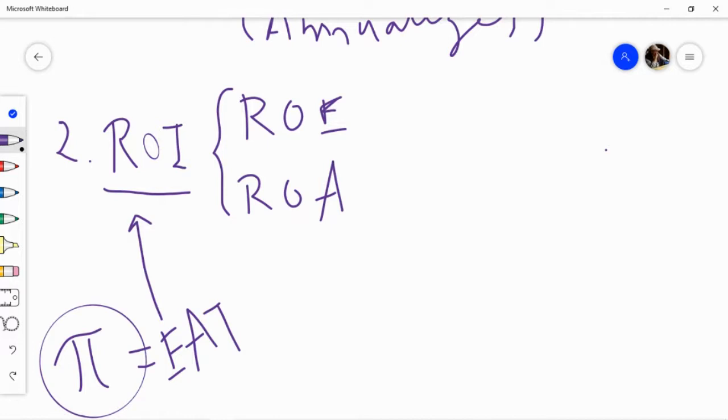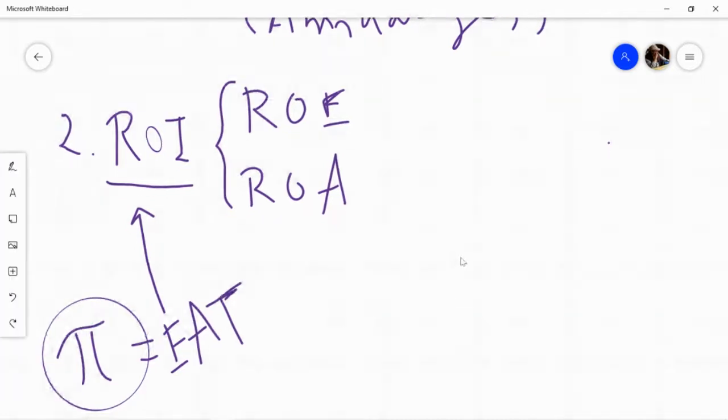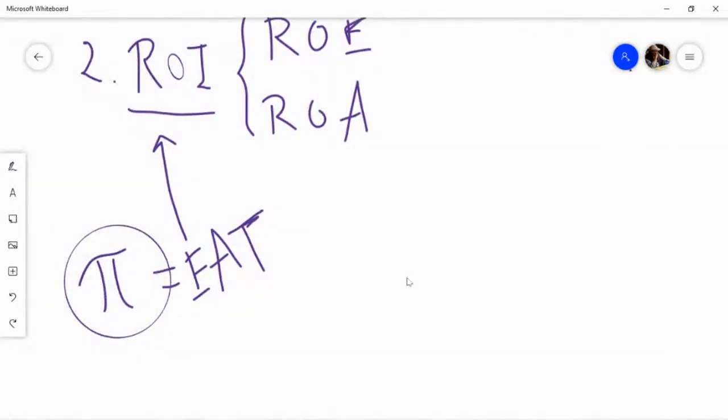But then the next question is, profit is a kind of output, isn't that right? Profit is an output. And if there's an output, there must be an input. There has to be an input to have an output, right? So what is the input?